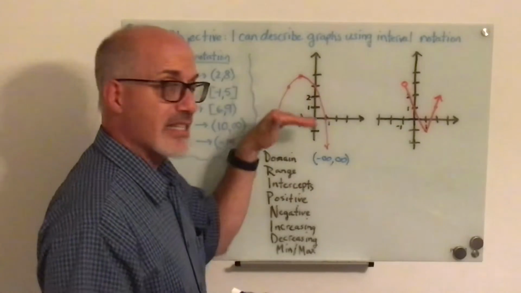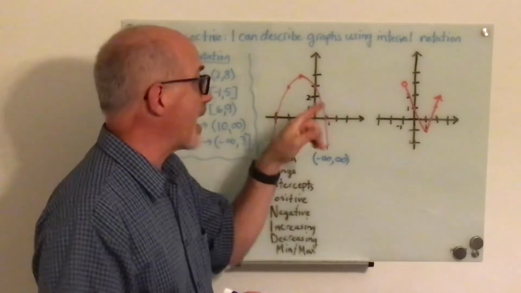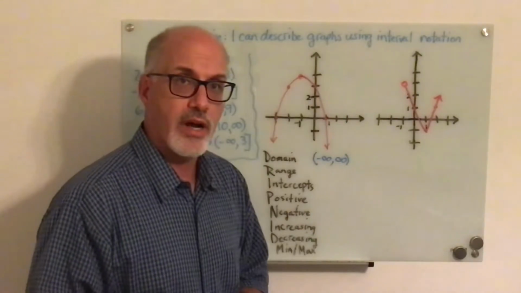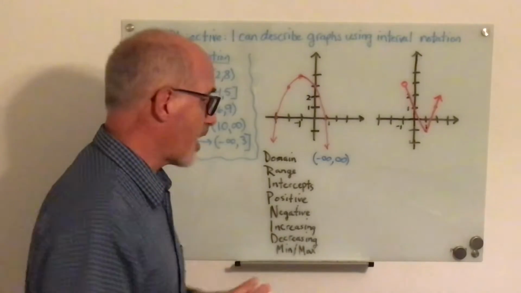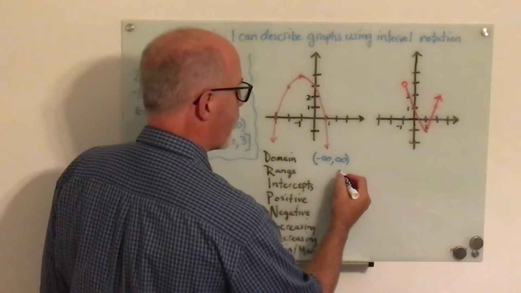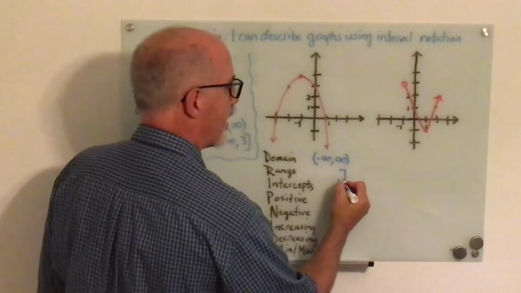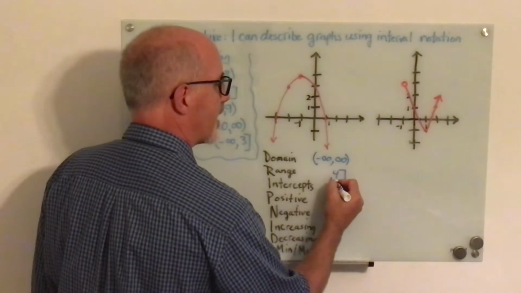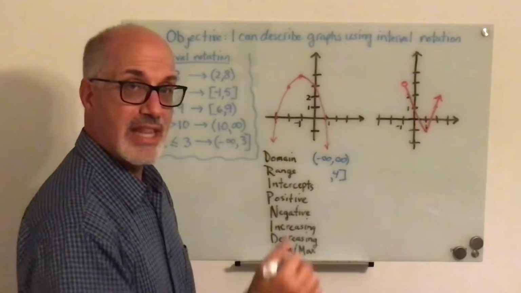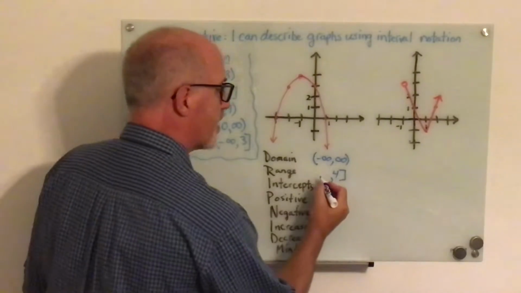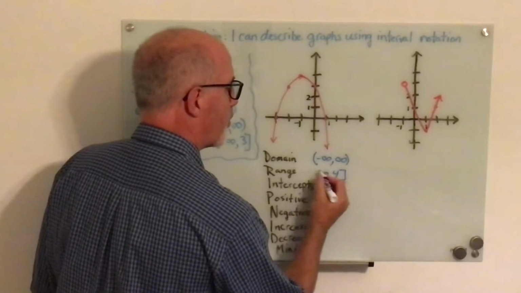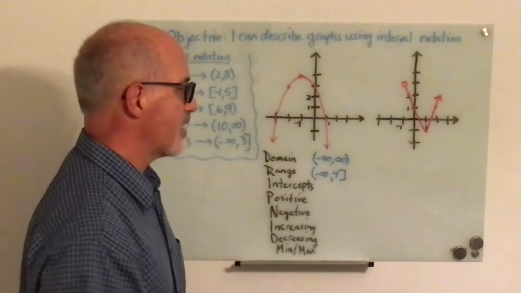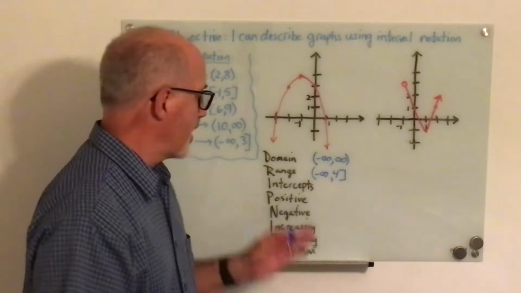This one has a top point. It doesn't go past this value of 4 on the axis. So since the highest number for the range is 4, I'm going to put a bracket here to say that it actually gets to 4, but then it goes down from there to negative infinity. So I put negative infinity with a parentheses to describe the range.